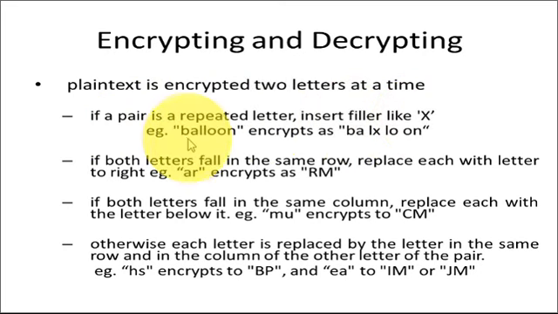For example, if it is divided into pairs of letters, that is digraphs BA, then LL, then OO, then N. LL is a pair of repeated, same letters, so we have to fill in X here.